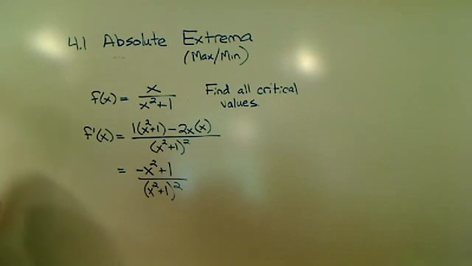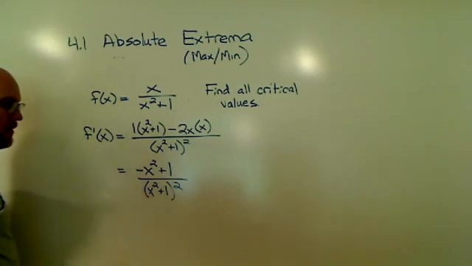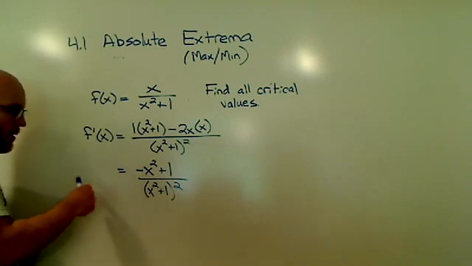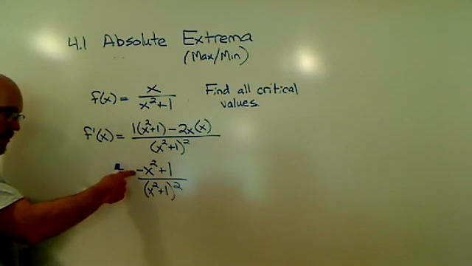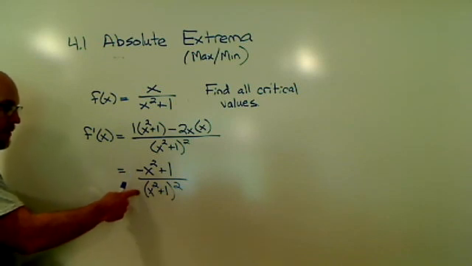Okay, so now what we're asking ourselves is, when is this fraction equal to 0? Or when is this fraction undefined? Okay, so a fraction is only equal to 0 when its numerator is equal to 0. And it's only going to be undefined when its denominator is equal to 0.